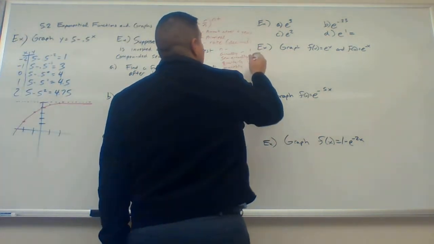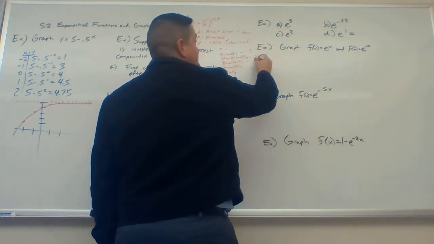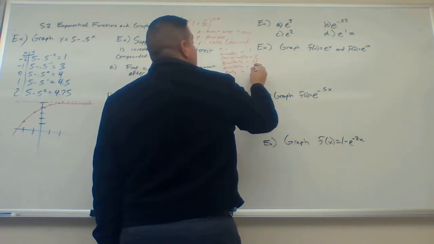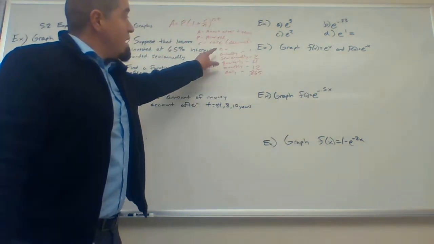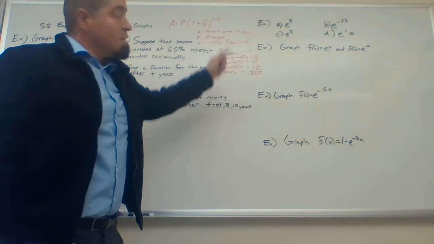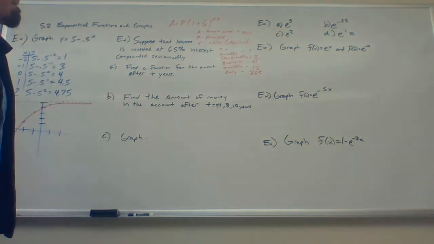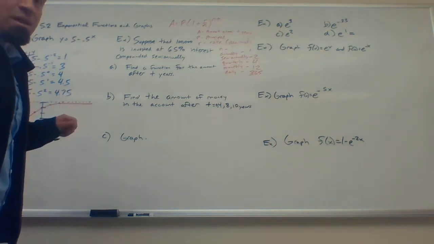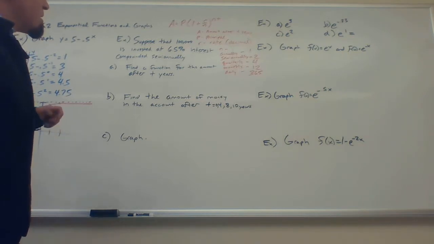Once. Semi-annually is how many times per year? Twice. Quarterly is how many times per year? Quarters, so it's 4. Monthly, 12. Daily, 365, right? So if a question says compounded annually, semi-annually, quarterly, monthly, daily, these are the values you need to use for your N.